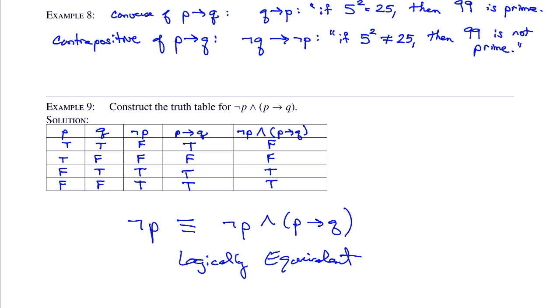So again, you're looking at the truth tables, bit for bit. False, false, true, false, false, true, true, true. If they're off by even one, that's not good. All right, a couple more definitions.